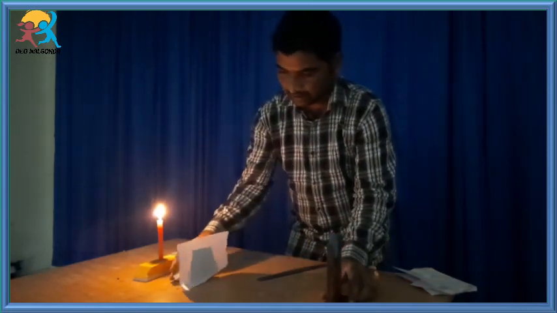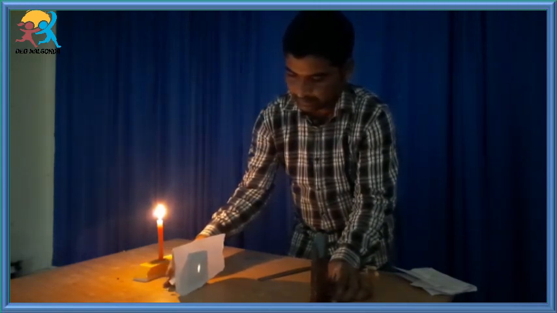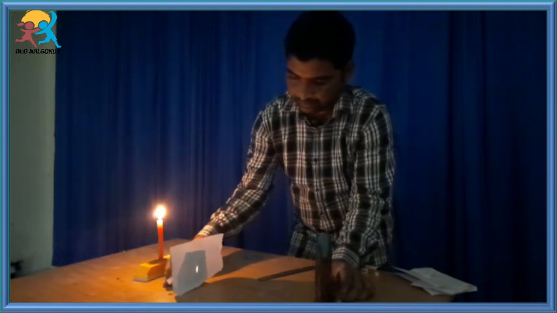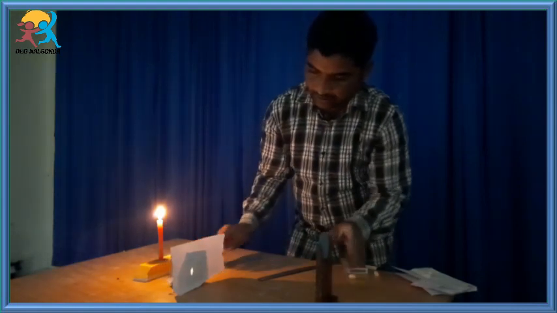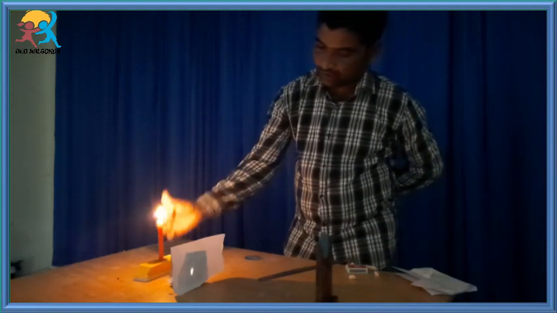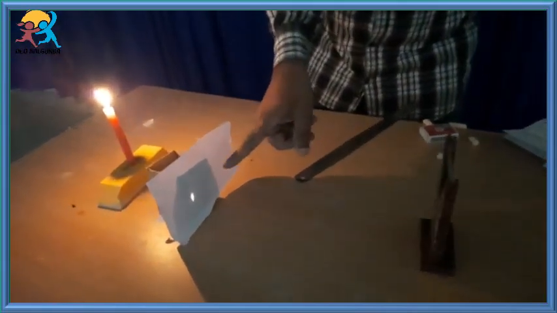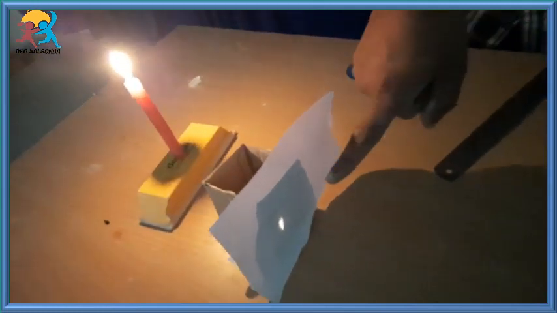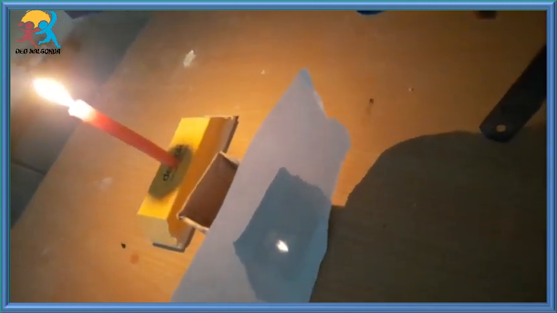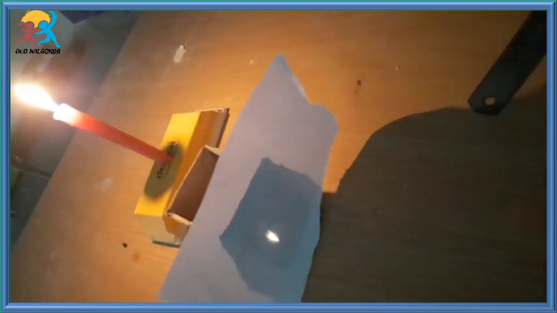Now move the screen near and far from the object, and find the position where you get a sharp image of the candle flame. You can observe that the image of the flame is downward, while the flame is upward, so an inverted image is formed.